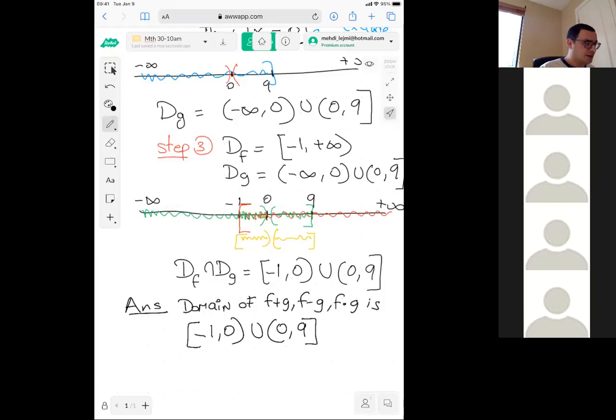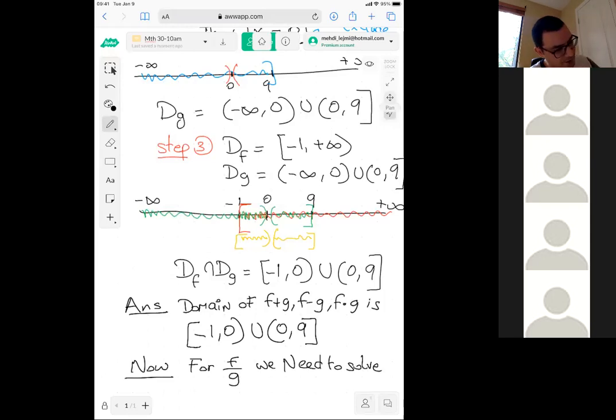As I said, in f over g you have to avoid the values where g is 0. So for f over g, we need to solve g of x equal to 0.